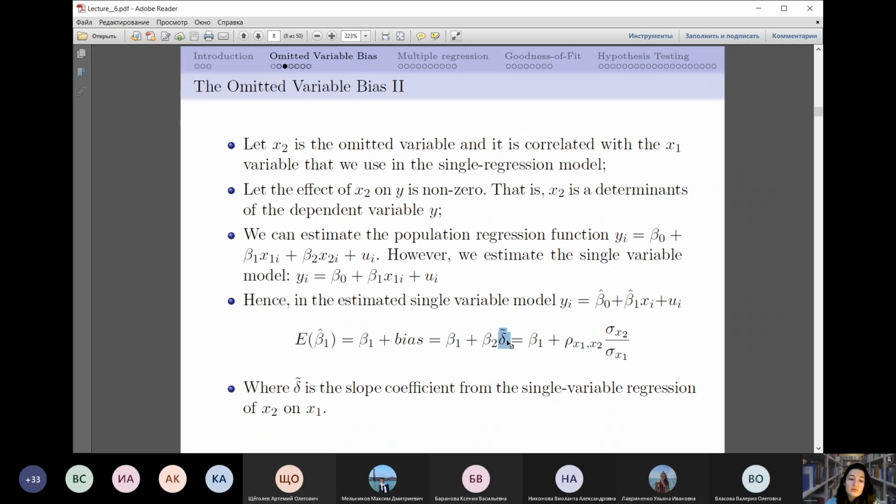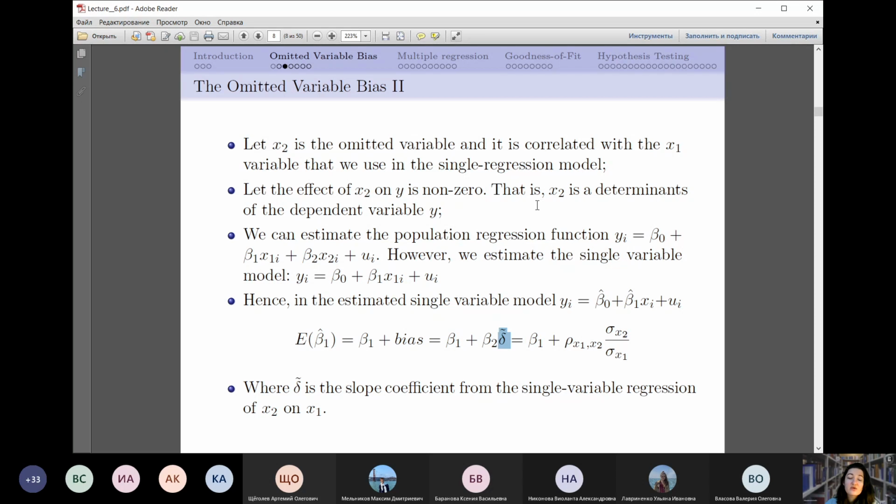So the question is, looking at this equation and at the assumptions that we just discussed, in which cases will there still be no bias if, for example, we omit the variable x2 from this equation?